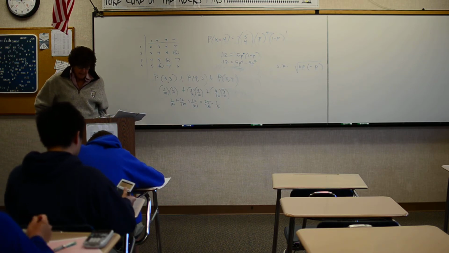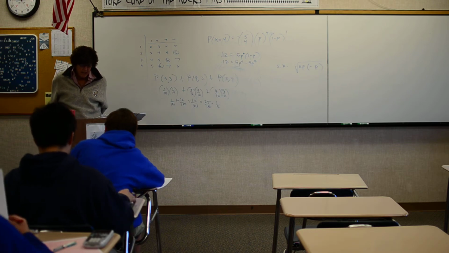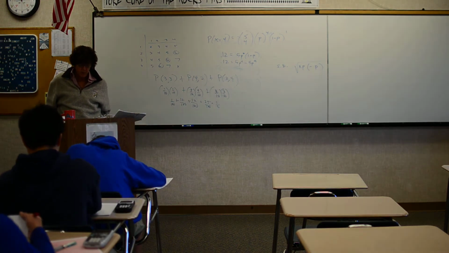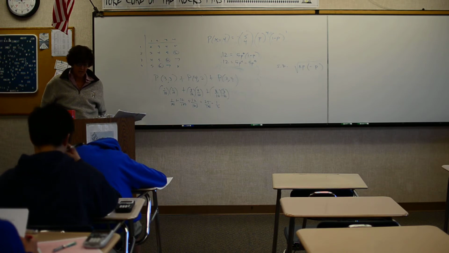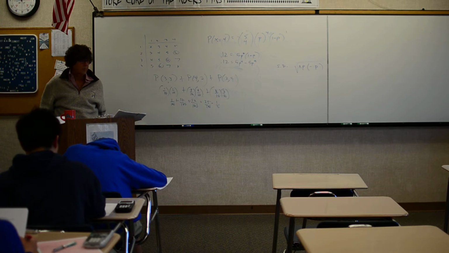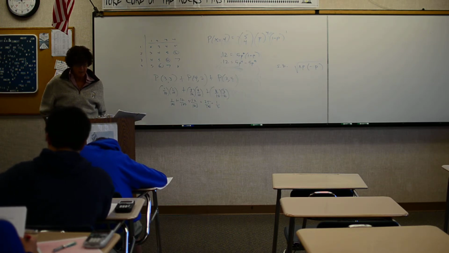Number 3, A is n choose 2 times 0.4 to the second times 0.6 to the n minus 2. And B is by trial and error 10. Is there any other way? I don't really know of any other way.